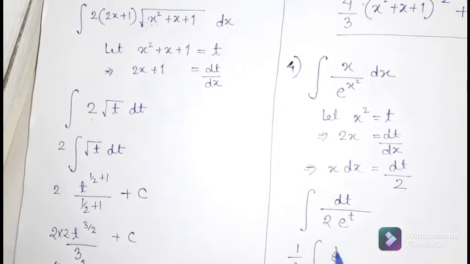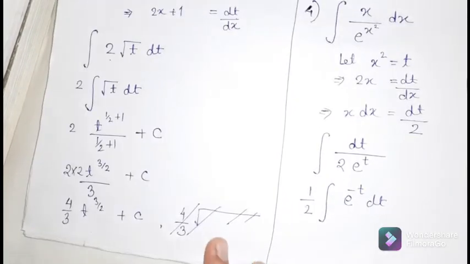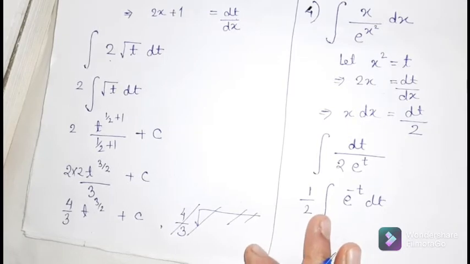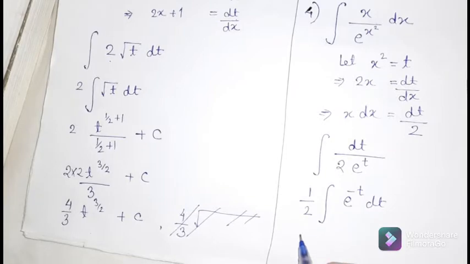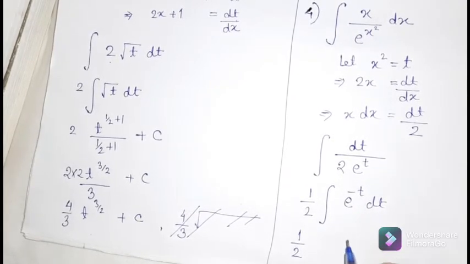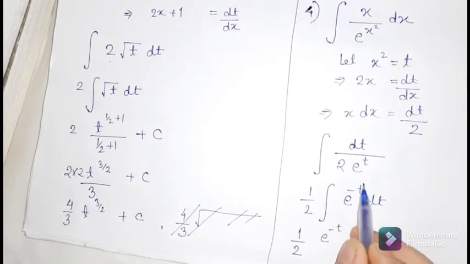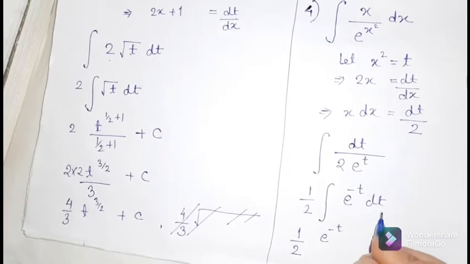Taking it outside, we write integration of e to the power minus t dt, right? If you take it in the numerator, the power becomes minus. Now integration of e to the power x is e to the power x, so it is e to the power minus t, but here you have the function t which you have to differentiate using chain rule.